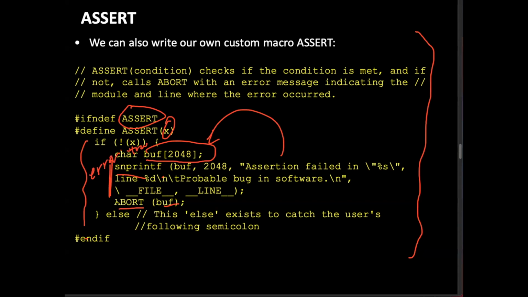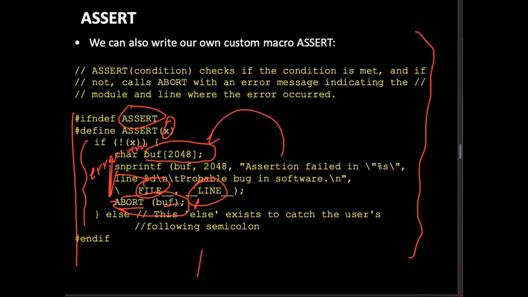This error case gets printed and aborts your code at runtime. Your code will completely exit at this location, and it also gives you the file name and the line number when this fault occurs, entirely to the console. So this is a very useful macro, and this is how assert is implemented in C and C++.